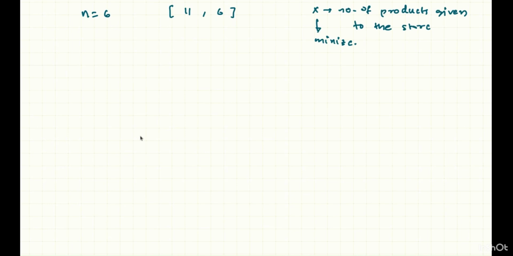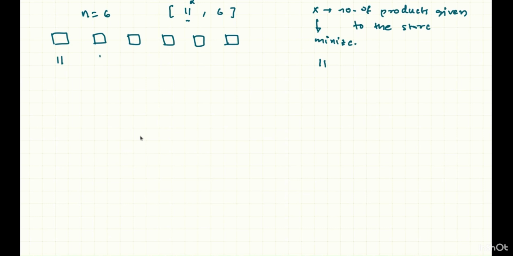We have 6 stores over here and let's say we are giving all the 11 products to the first store itself. x is the number of products given to a store, so we have given 11 products to the first store, so I'm done with all my p1 products.